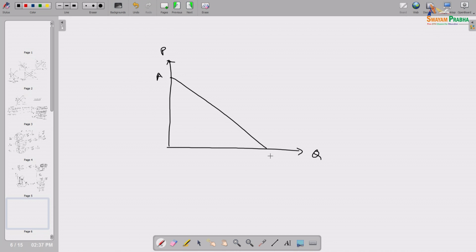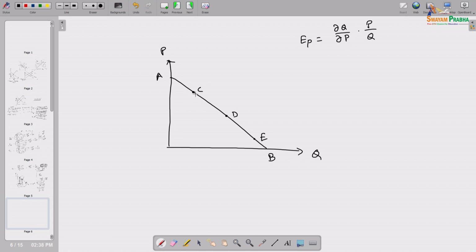This was our demand curve AB, and suppose this is C point, this is D point and this is E point, right. So, our own price elasticity of demand is del Q by del P into P by Q. QD we are writing now simply as Q, to avoid complexity in the notation, for ease of our understanding only.